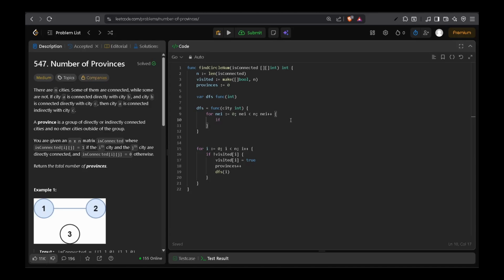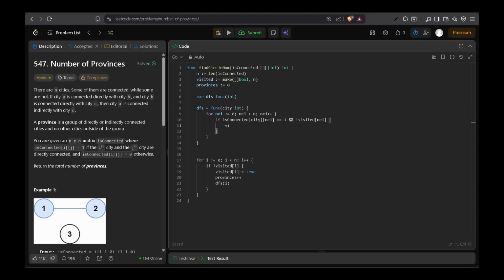Another condition that we need to check is not visited of neighbor. The neighbor city that we are trying to move into should also be not visited, right? It should not be visited.